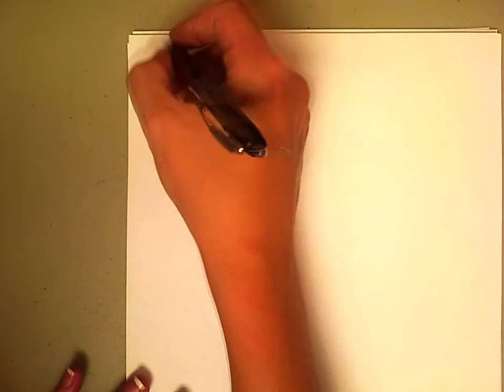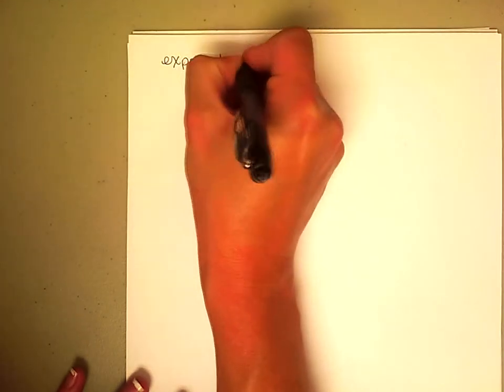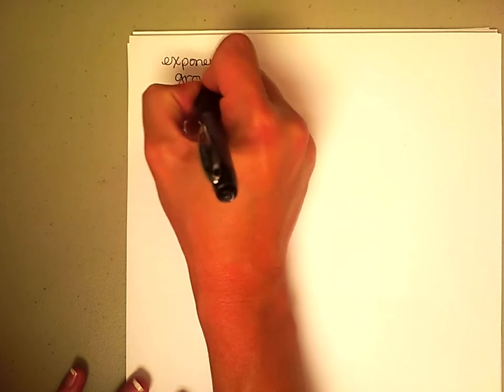So it's important that we understand how those graphs are and the shape of them, because once we do that, we will need to be able to transform them. Okay? So let's do, just in summary, exponential growth.